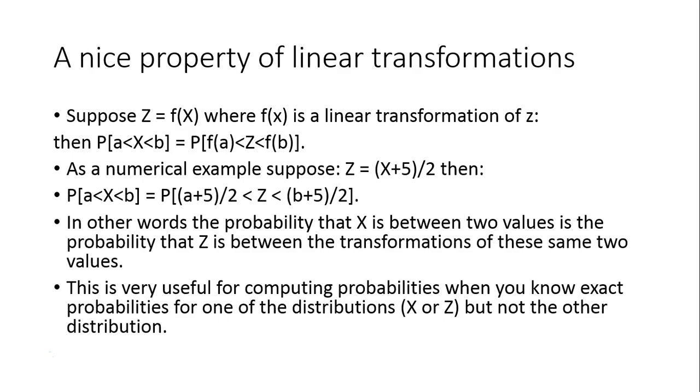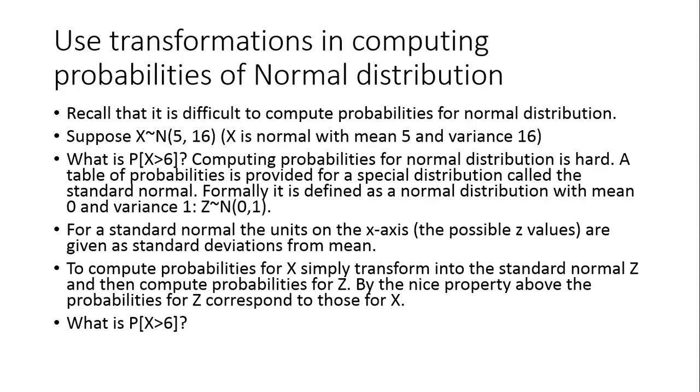You compute probabilities, and then once you compute probabilities, you know it for the transformed one, for whatever you're interested. Okay? So this is very interesting stuff, and I'll show you how to use this. This is pretty important, okay? And it's pretty important in particular because of when you compute the probabilities of a normal distribution. That's why it's important.